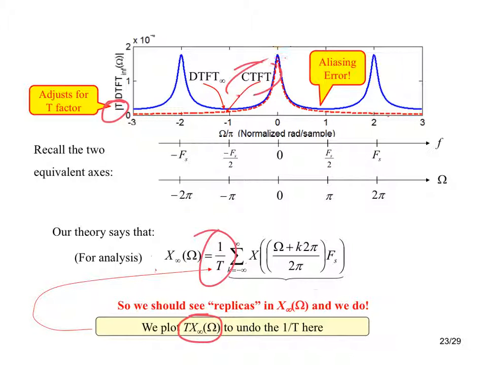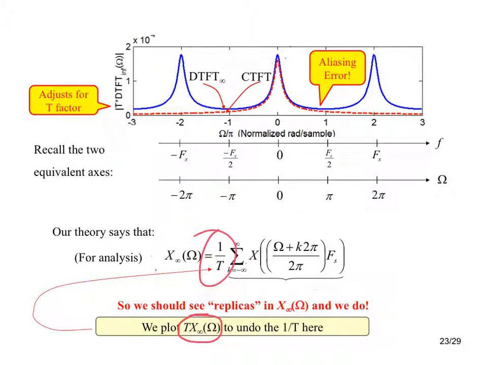Well, I've got my CTFT plotted on top of the DTFT, and I've got horizontal and vertical axes managed so that everything can be nicely compared. In theory, with a perfectly band-limited signal, with sampling done perfectly, these two curves should lie perfectly on top of each other.